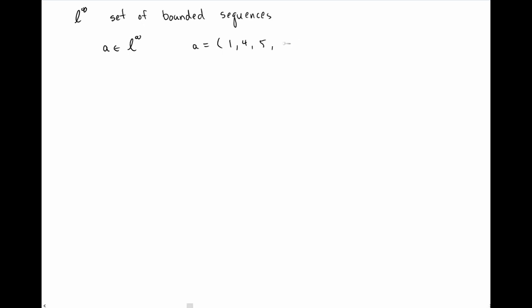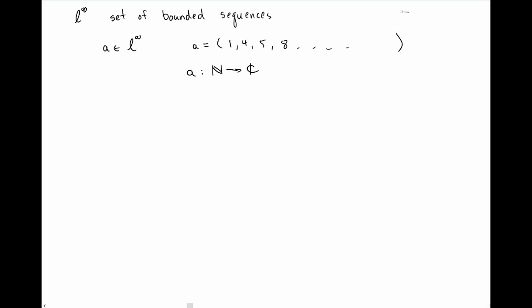As long as it's bounded. Whatever, it goes on infinitely. So we can write it as a function that takes a natural number and sends it to the complex numbers.